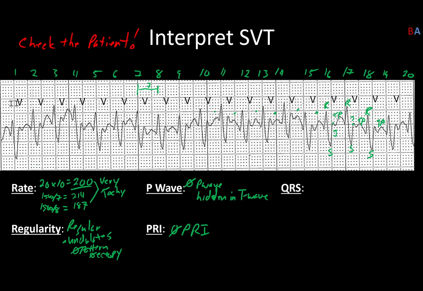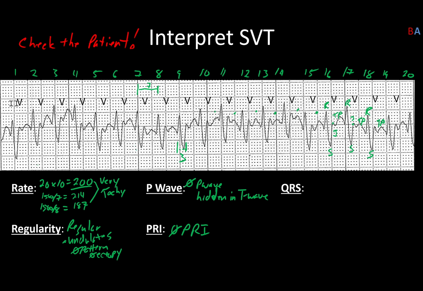and how the heck we're going to measure that. So I pointed out the J points earlier because that's what we're going to use to mark these out. So I'm going to start right here in the middle. Beat number 9 is a pretty good one. And so beat number 9, the QRS starts about right here. And then your J point ends about right here, just barely on the other side. 1, 2, 3. And so if we look over here again, any of these other ones here.